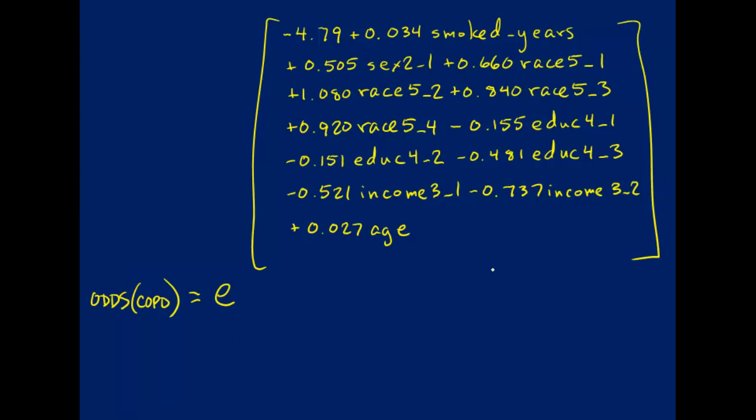So the random event generator would generate either a 1 or a 0, COPD or not COPD, and the odds of the event, which would be COPD equals 1, or they have COPD, would be determined by the structural part of the model.